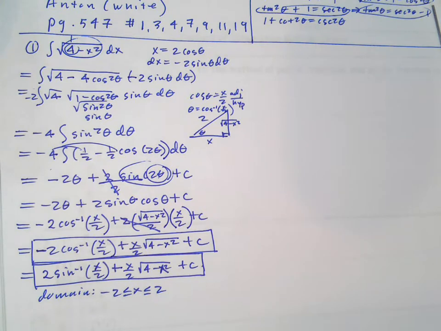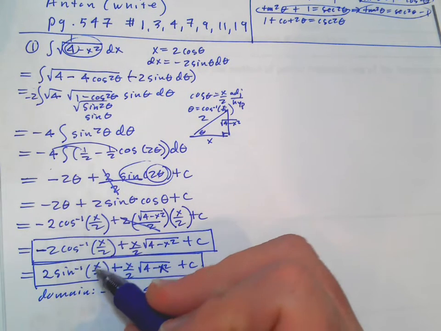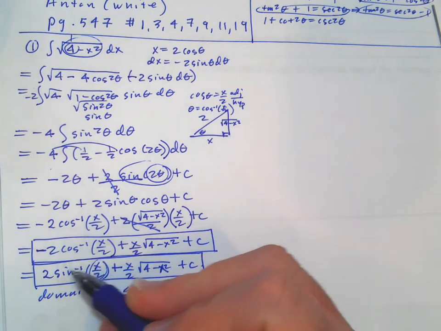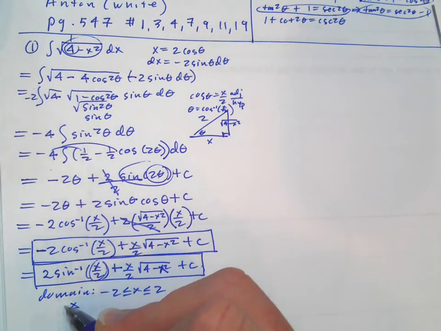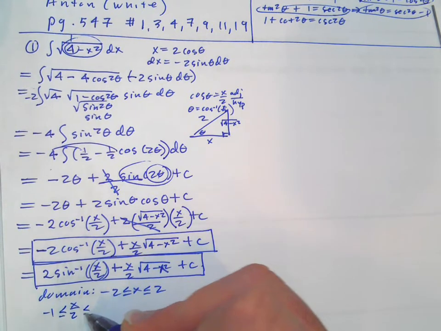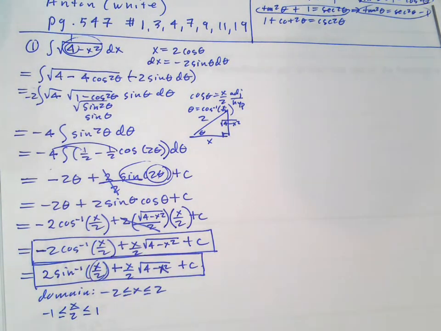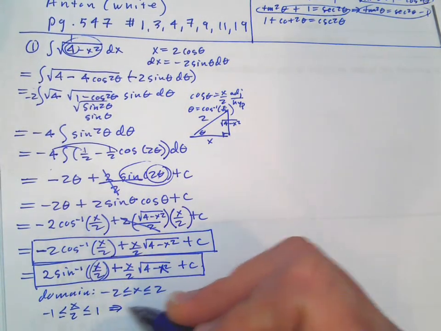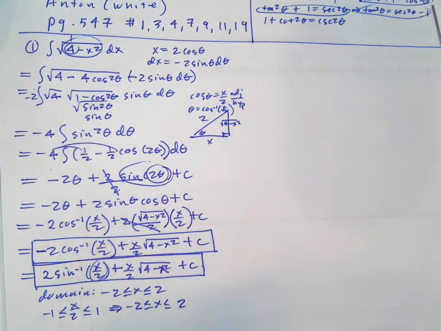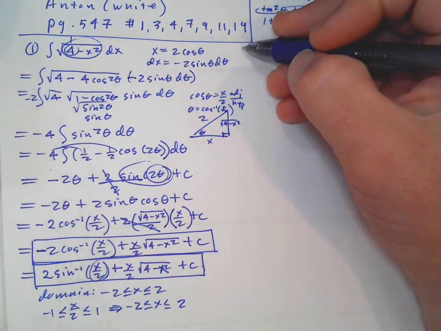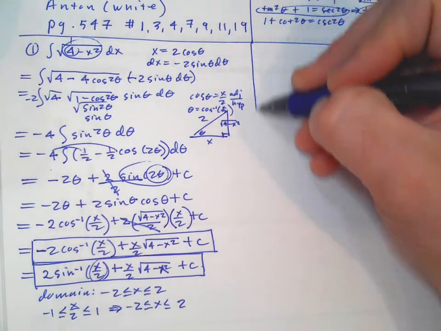And that also has to make sense here because you can only take inverse sine of values between -1 to +1. Those are the only output values of sine. From this, you would also get the same domain issue. So this is something that has to be taken into consideration.